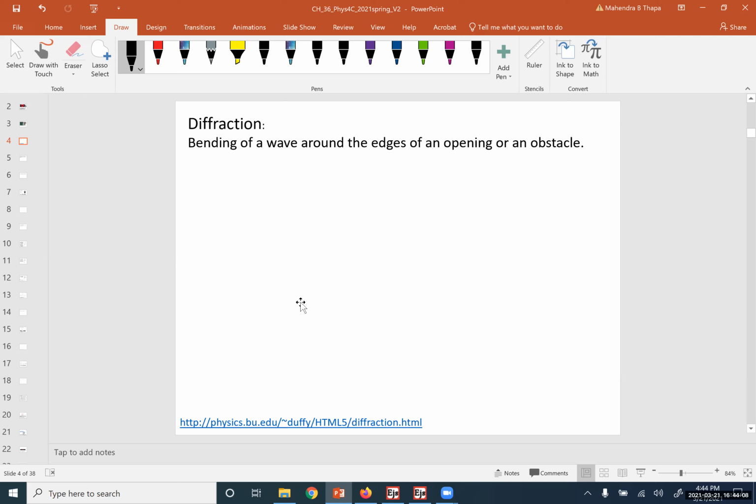Let's take one example. I'm taking this source of light. We can take any light, maybe yellow, green, blue. I drew a line like this, and this is a screen over here.